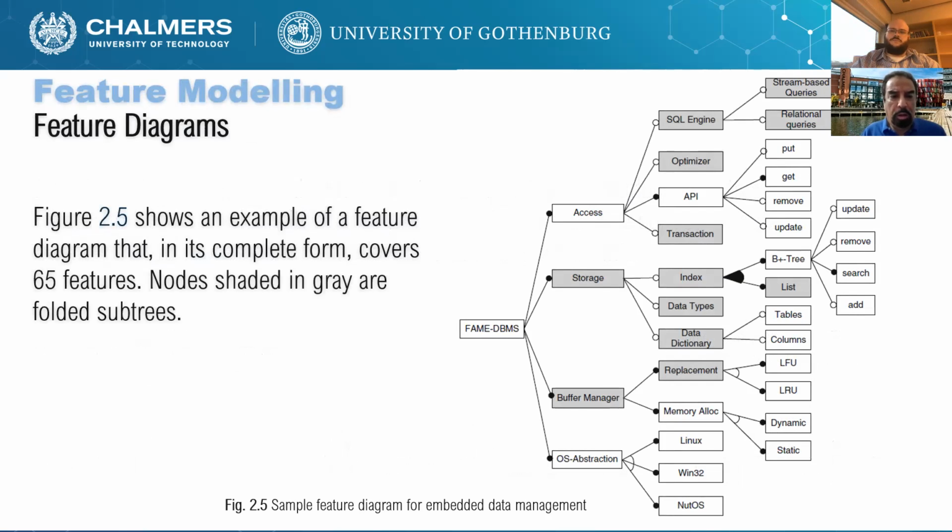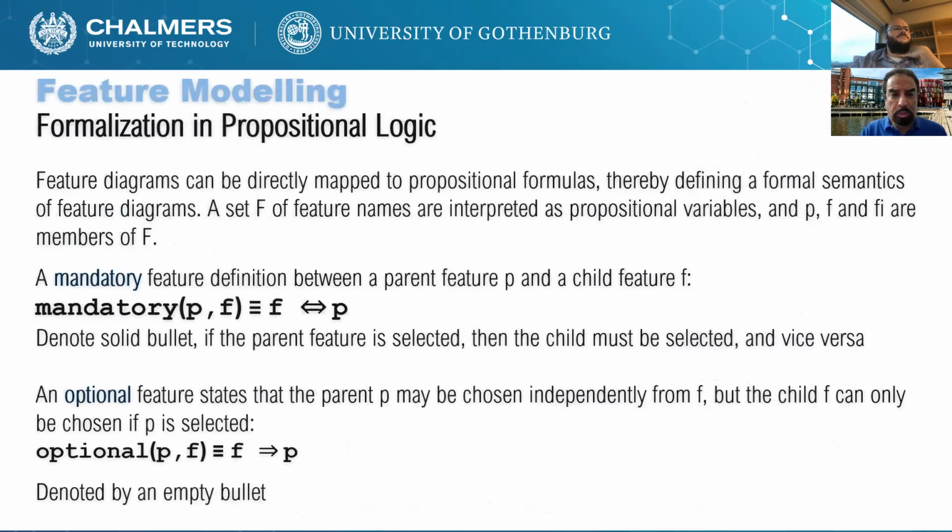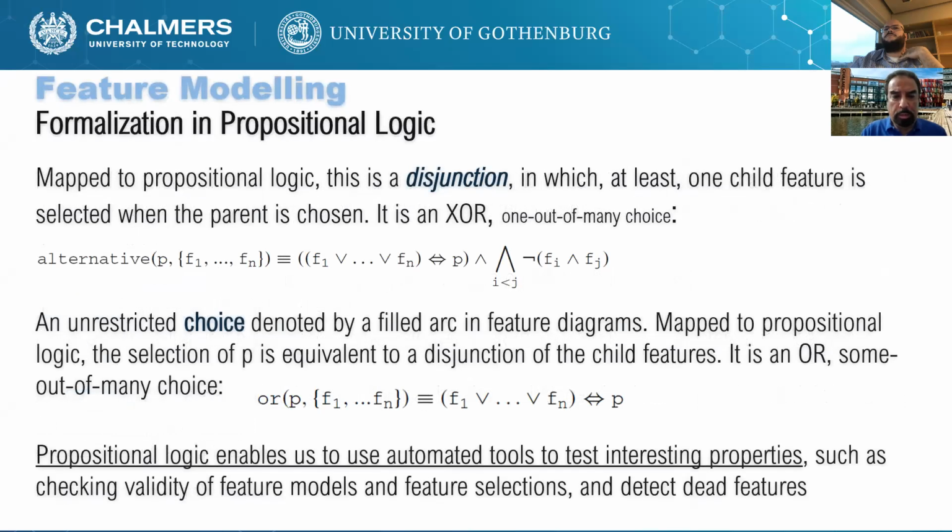Some feature diagrams have shaded boxes, which can be subtrees, or each of these boxes can be another feature model diagram by itself. So things can get out of hand, and this is why we resort to automation. And as you are familiar now with propositional logic, we use this to help us automate and exercise these features and develop our product line.